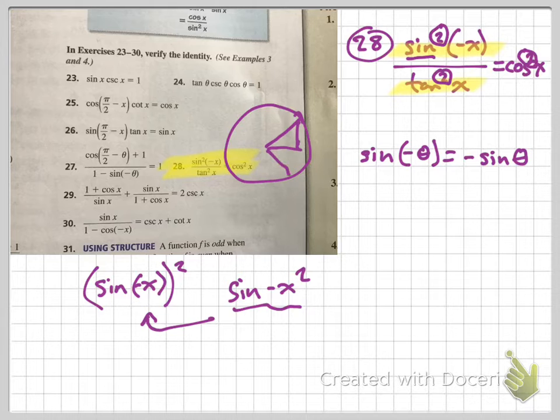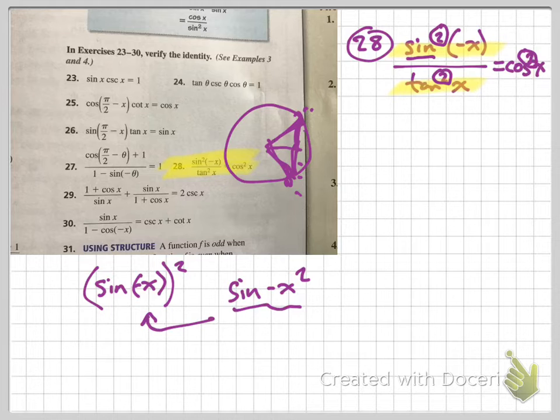The sine becomes negative when the angle is negative, so it makes sense for these to be the same. If we switch the angle to negative or just took that measurement and made it negative, either way we would get the same negative measurement. So that's the identity, and that's on page 514 at the bottom. You'll see the negative angle identities.